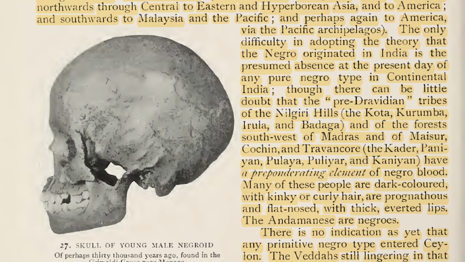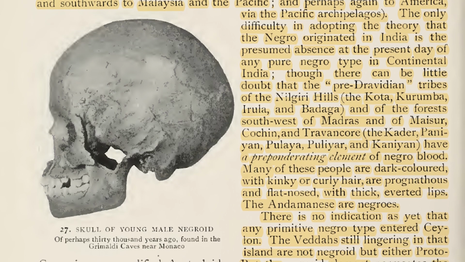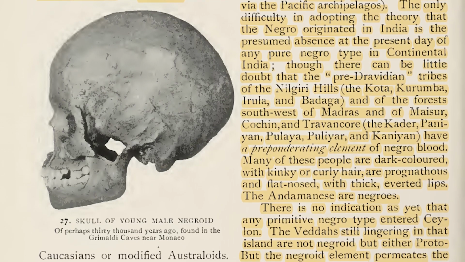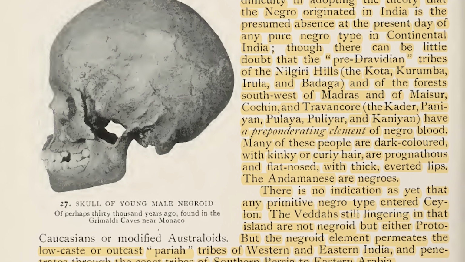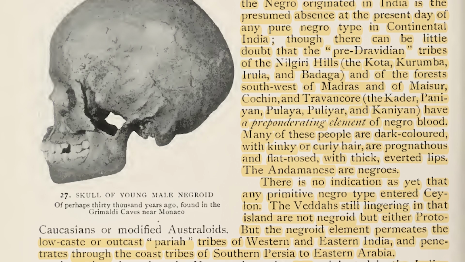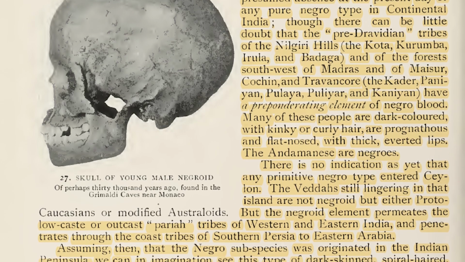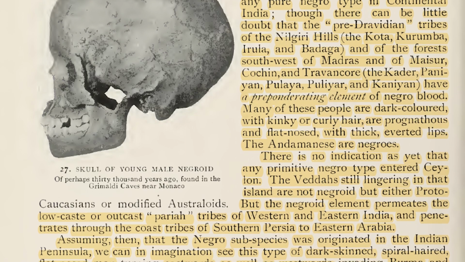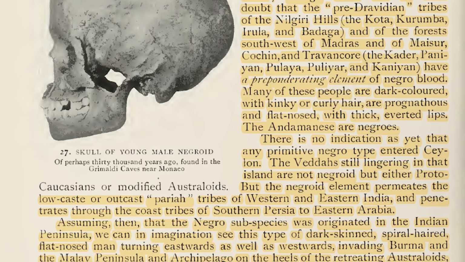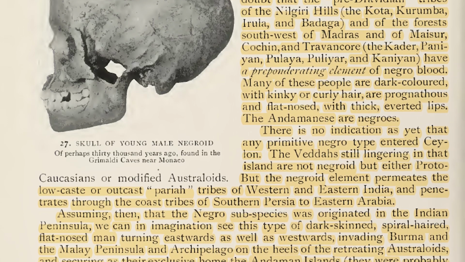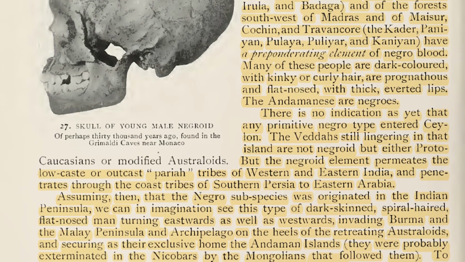The only difficulty in adopting the theory that the Negro originated in India is the presumed absence at the present day of any pure Negro type in continental India, though there can be little doubt that the pre-Dravidian tribes of the Nilgiri Hills, the Kota, Kurumba, Irula, and Badaga, and the forest tribes southwest of Madras and of Mysore, Cochin, and Travancore, the Kader, Panayan, Pulaya, Puliar, and Kenayan have a preponderating element of Negro blood.